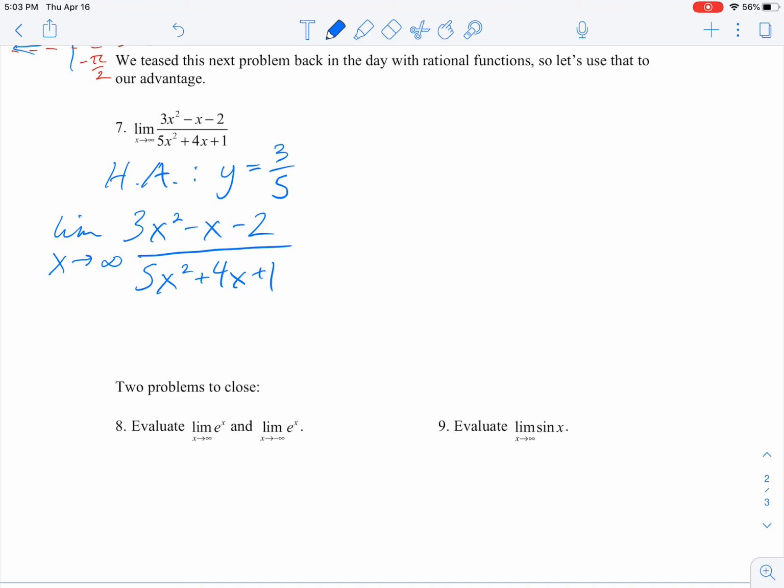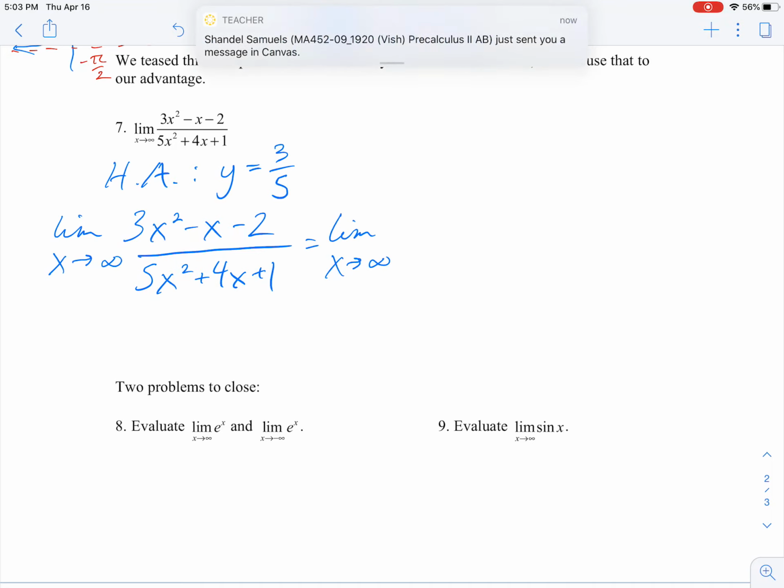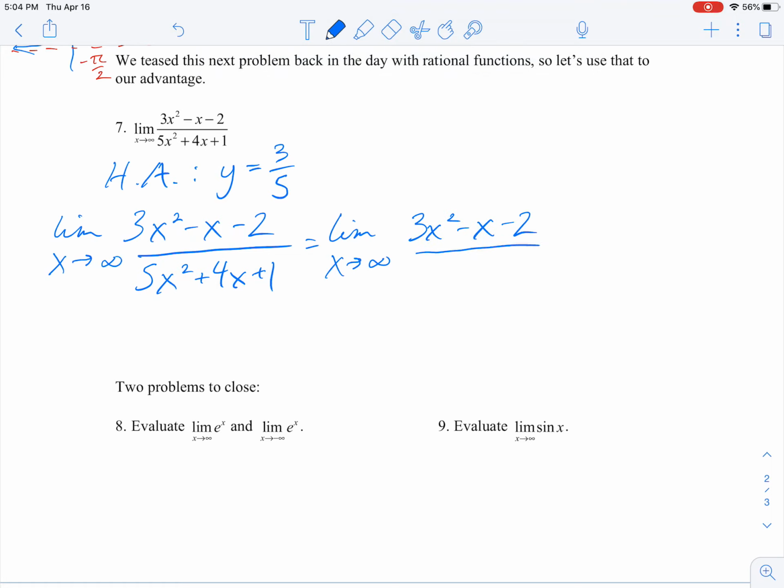So for our next step, we're going to rewrite this thing having multiplied top and bottom through by 1 over x squared. So we'll say 3x squared minus x minus 2, 5x squared plus 4x plus 1, and 1 over x squared over 1 over x squared. Getting ready to plow through it.